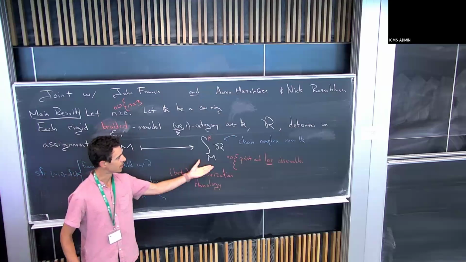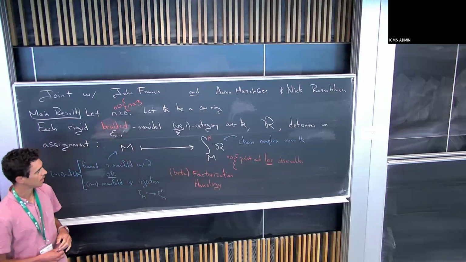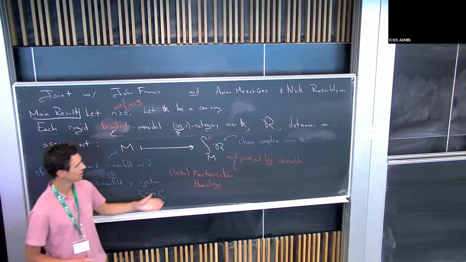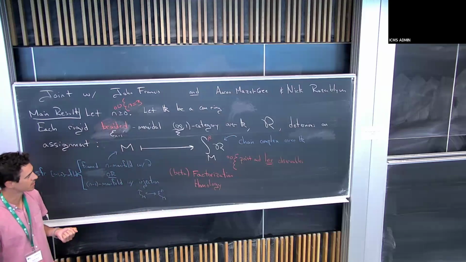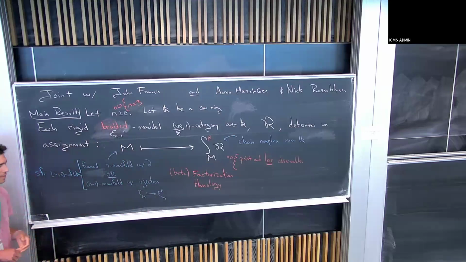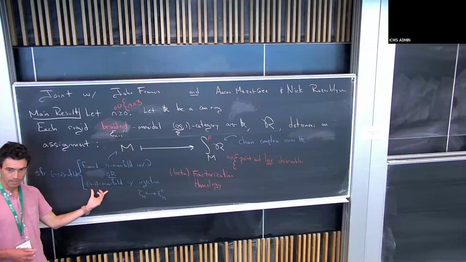it assigns to it a chain complex. And the zeroth homology of that chain complex is something that is of special interest. I'll come back to that later. But outputting a chain complex is advantageous in a way that this crowd appreciates. One can also input not a 3-manifold, but a surface.